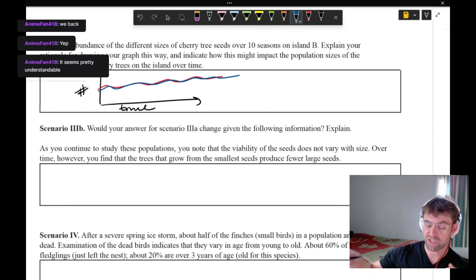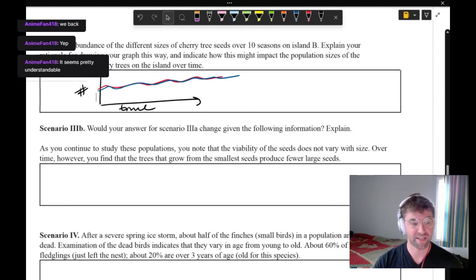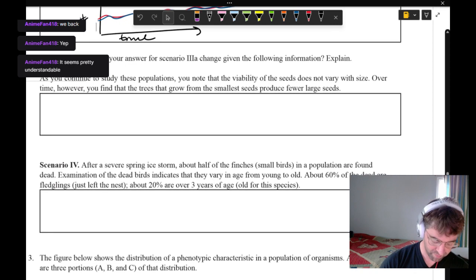You may see some fluctuations over time with seasonality or natural disasters, things like that, but they should stick together, right? Because seed size, again, is not a heritable trait that is being selected against. Okay.